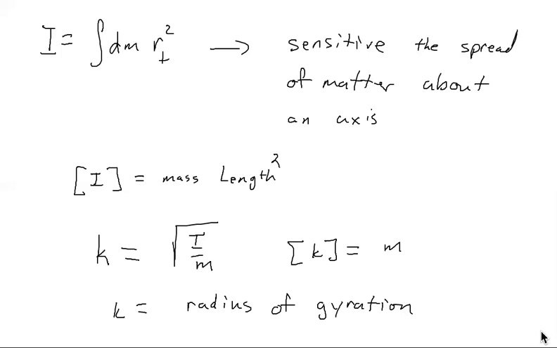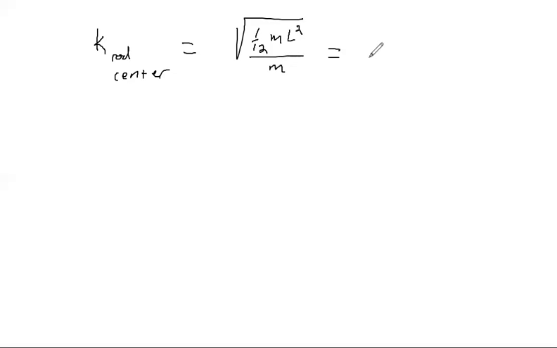We can apply it here to find the radius of gyration for a rod about the center. That would simply be the square root of 1/12 times the mass times the length squared, divided by the mass, which equals the square root of 1/12 times the length. Let's think about that. What number times itself gives you 12?